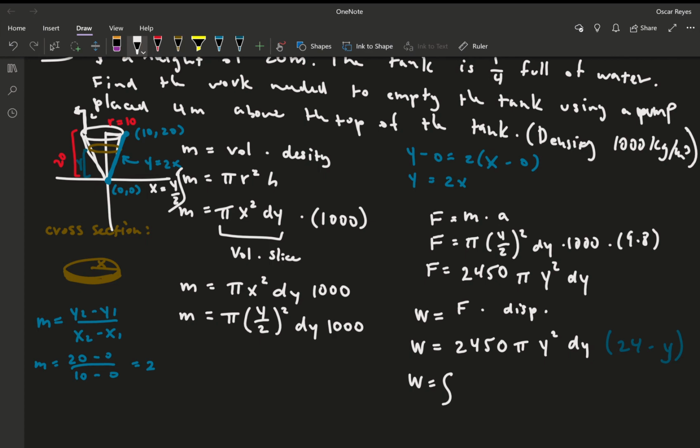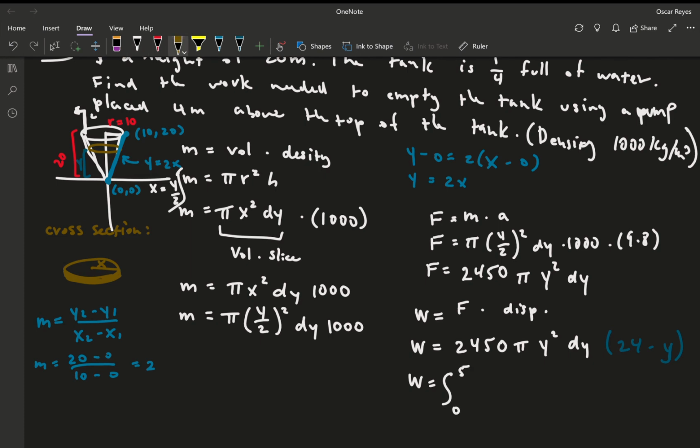So a quarter, which is 0.25, if we take 20, which would be a full tank, and multiply it by 0.25, which is a fourth of a tank, that gives us 5. So the highest that we can select a slice from is a value of 0 on y to a value of 5. So our A is going to be 0 and our B is going to be 5.